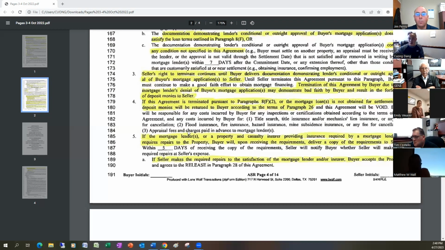So the buyer will lose on all those fees, okay, but they get their deposit money back. So number 4 again, if the seller terminates or the mortgage loan is not obtained for settlement, all deposit monies will be returned to buyer. That's where the contingency for the buyer kicks in. Okay. Everybody got that?